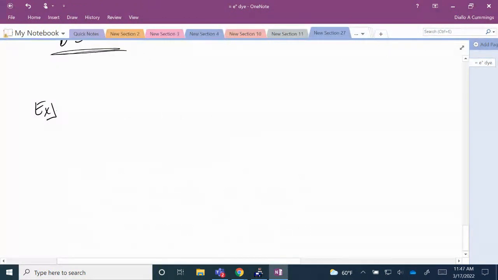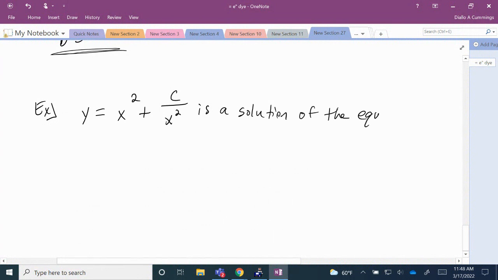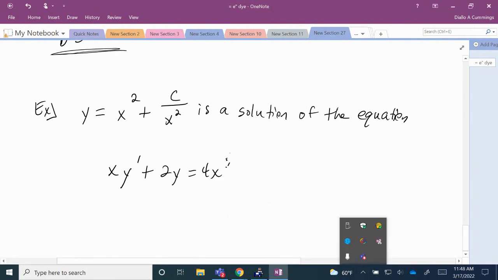All right, so for this example, we're given that y is equal to x squared plus c divided by x squared, and that is a solution of the equation xy prime plus 2y is equal to 4x squared, where x is greater than 0.